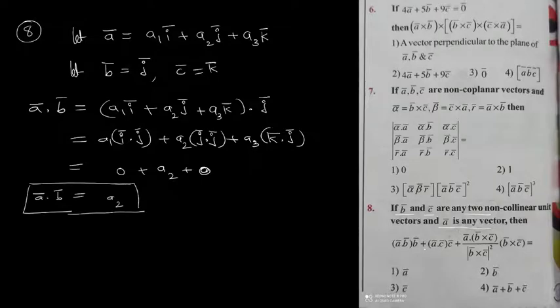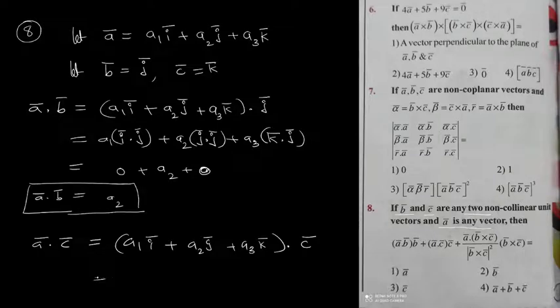Next I am finding A bar dot C bar. A bar equals once again A1 I bar plus A2 J bar plus A3 K bar dot C bar. Here C bar is K bar.